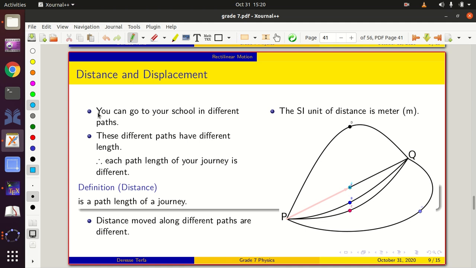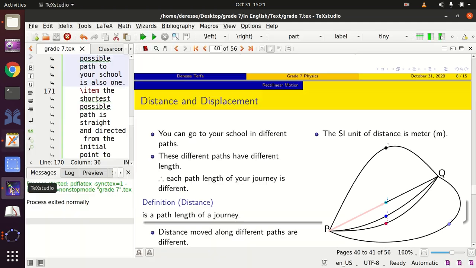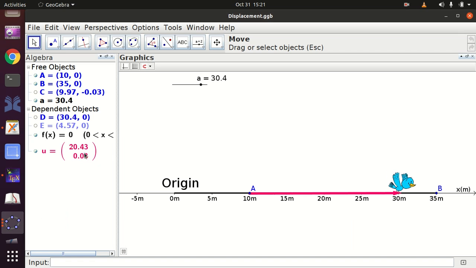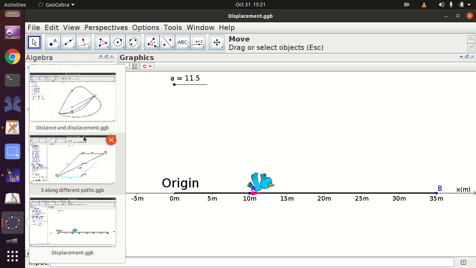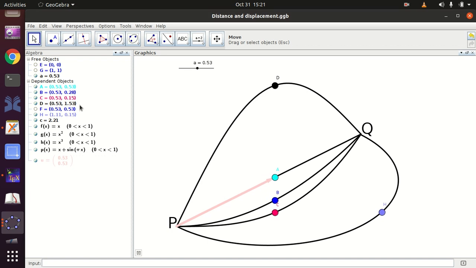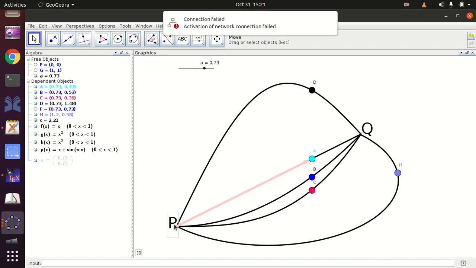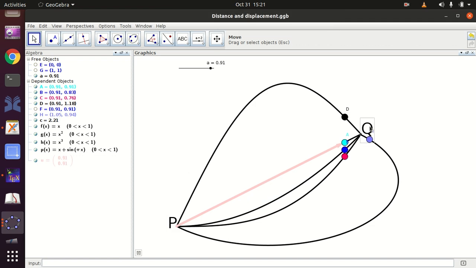Therefore, we can see from this animation that in order to move from point P to point Q, these five objects move along different paths, which means they have different distances.